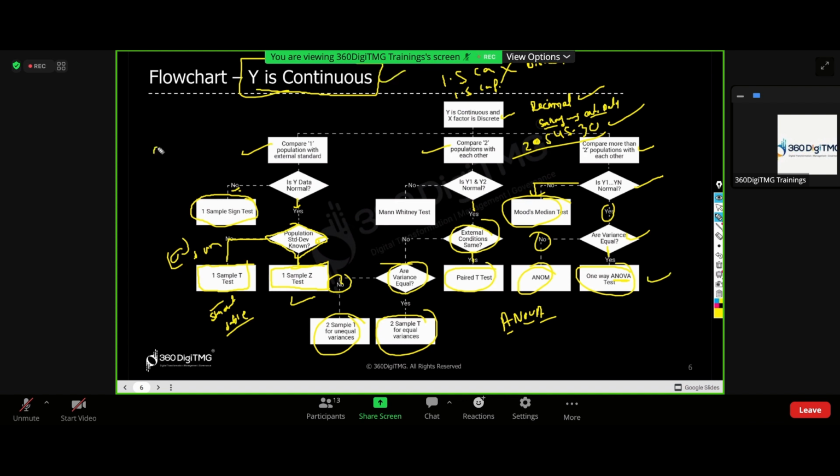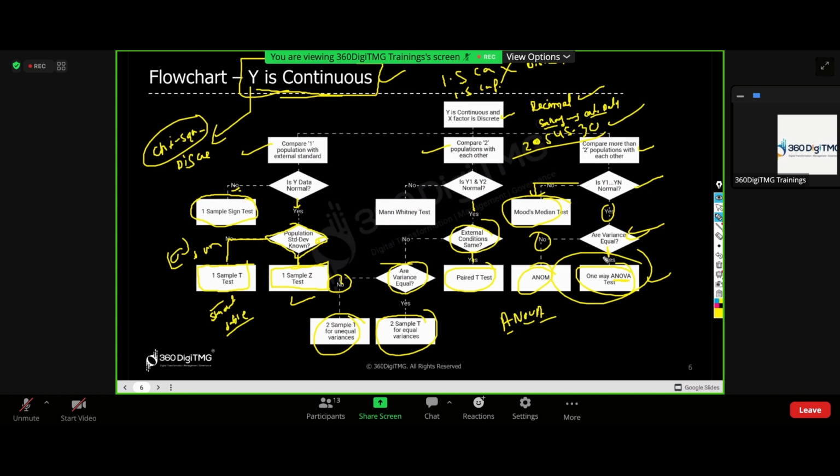And chi-square test is something you perform when it comes to discrete data type. When y is discrete, you perform chi-square test. When it is continuous, you perform mostly ANOVA, but again, it depends on the data whether it is normal or whether it has equal variance or not.